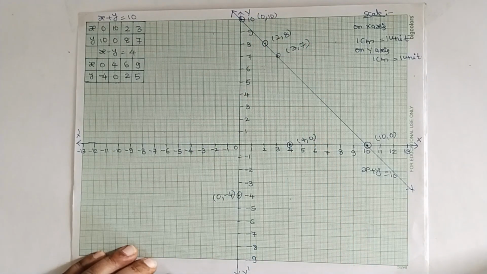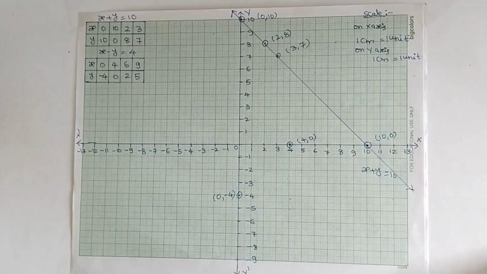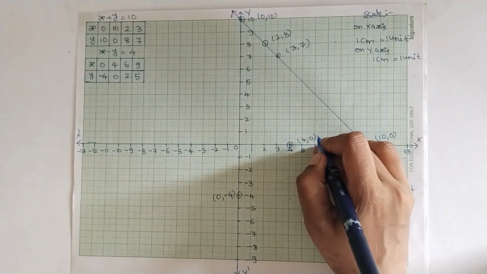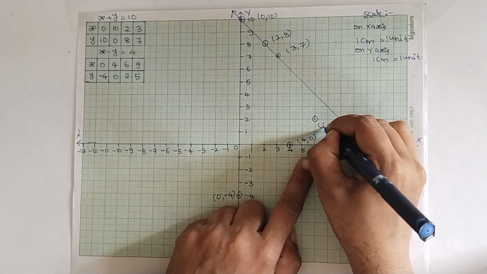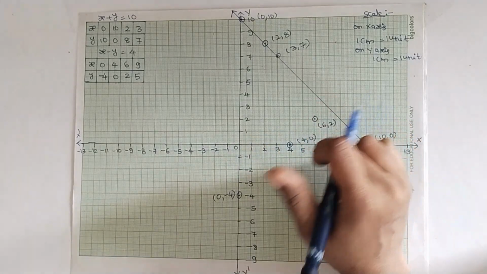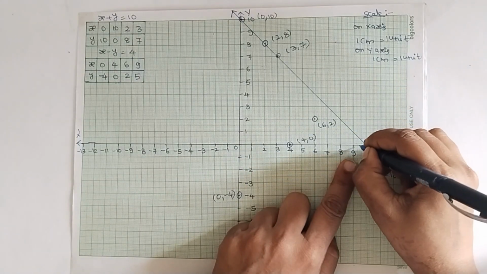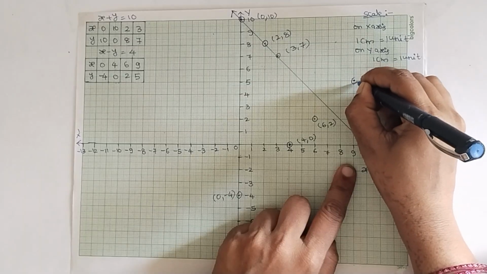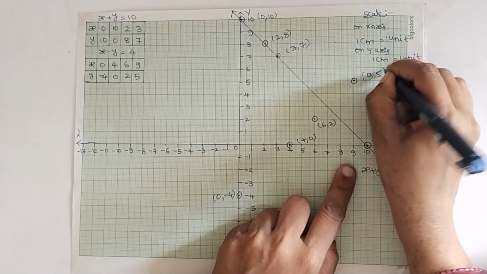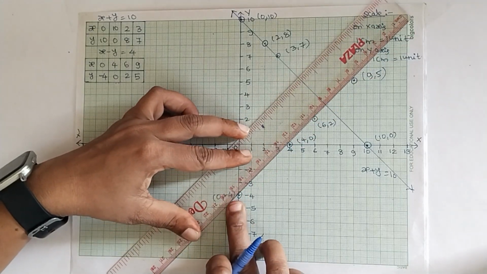You studied this in the 9th class also. x is 6, y is 2. Here is the point. Next point, 9, 5: x is 9 and y is 5. Again, join these 4 points.